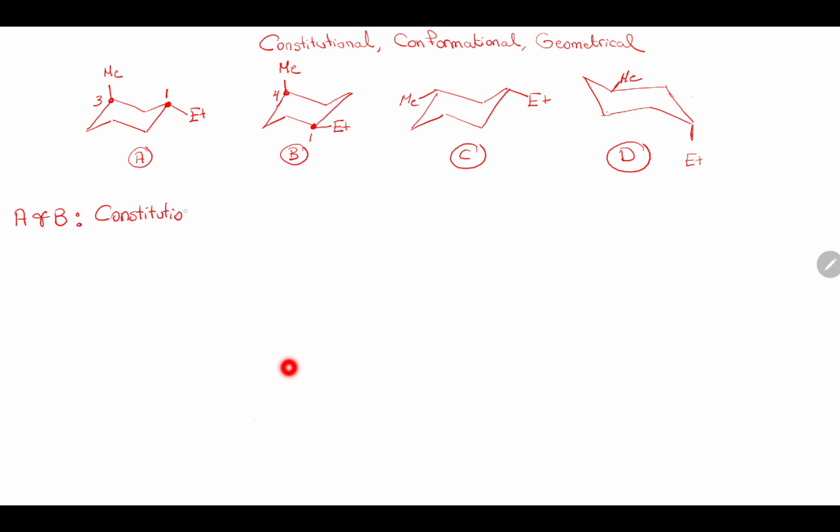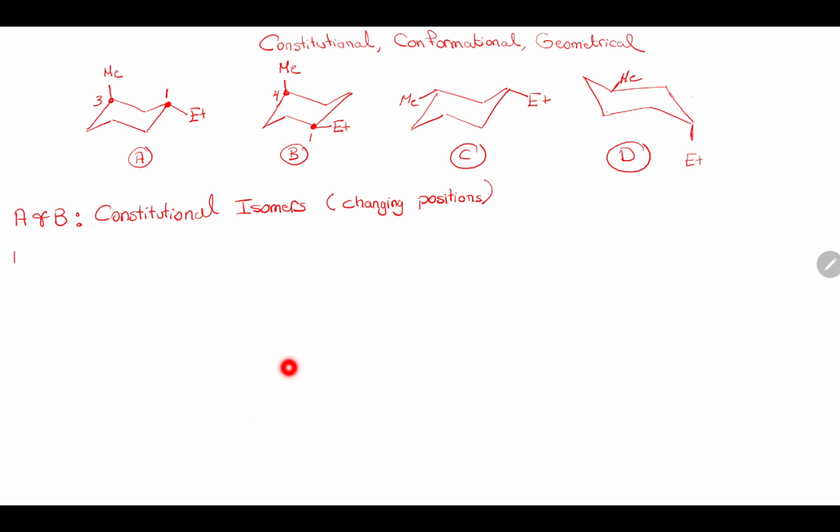So whenever you change the position of the branches, which means that you are changing the atomic connectivity, then the relationship between the compounds will be constitutional isomers. Why? Because we are changing atomic connectivity, or we are changing positions of the branches.